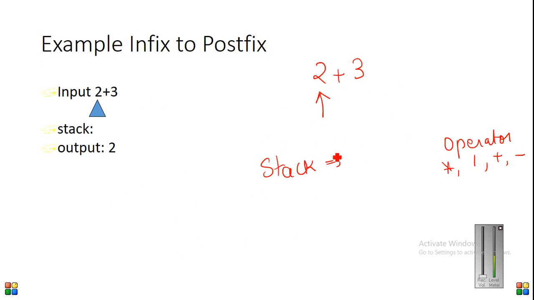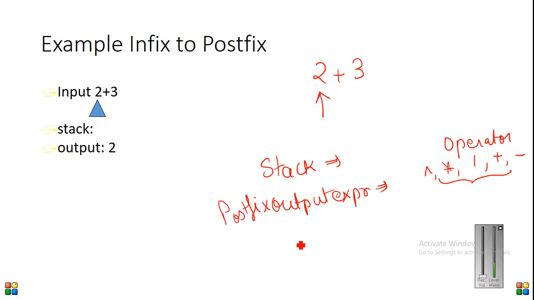And we have an output expression. See now how this goes. Once I read 2, is 2 an operator? No, operators are only star, slash, plus, minus and of course exponent. So we just put it in the output expression. By output I mean the postfix output expression.